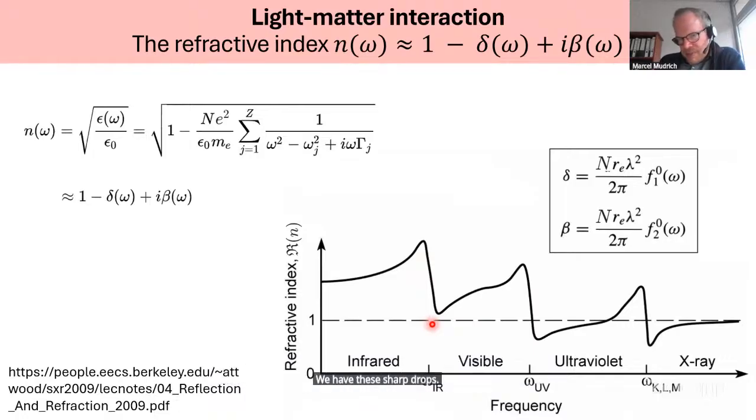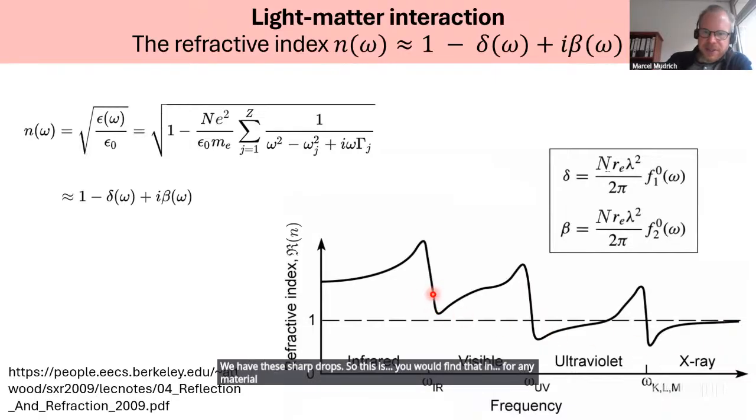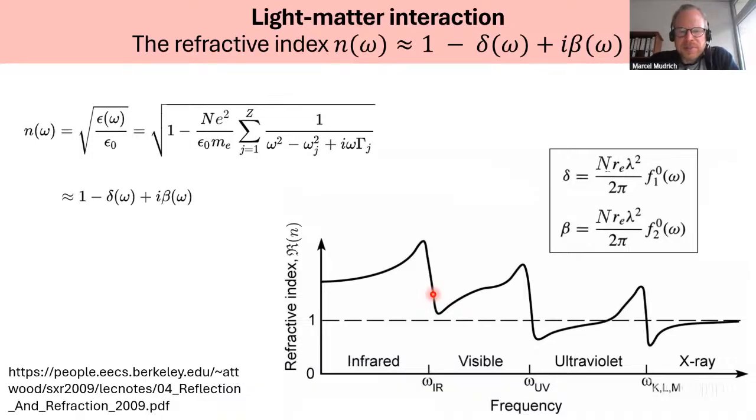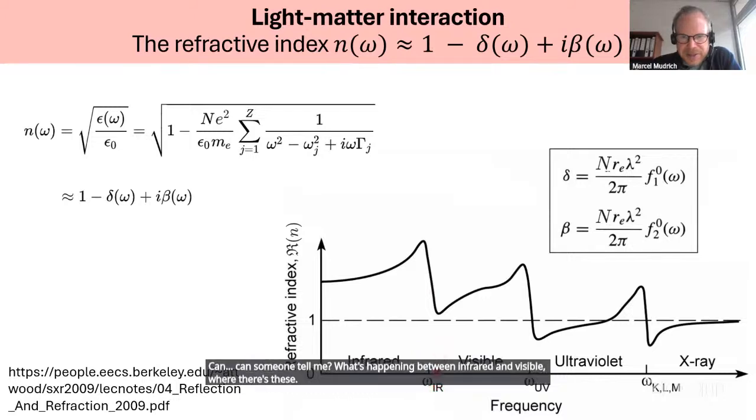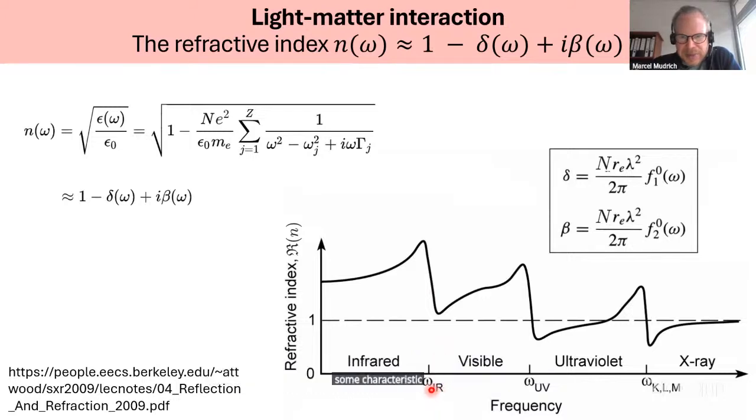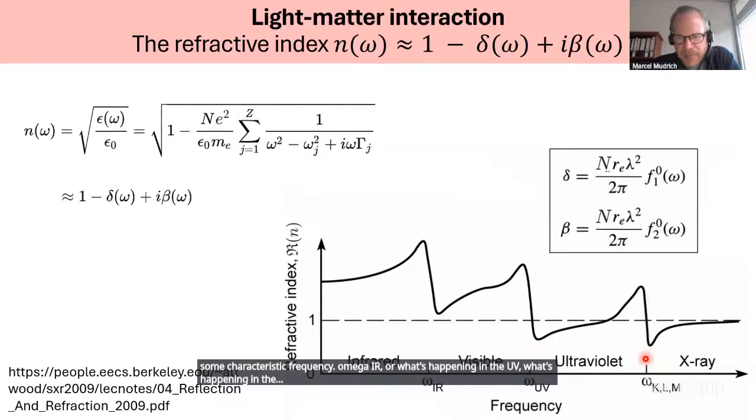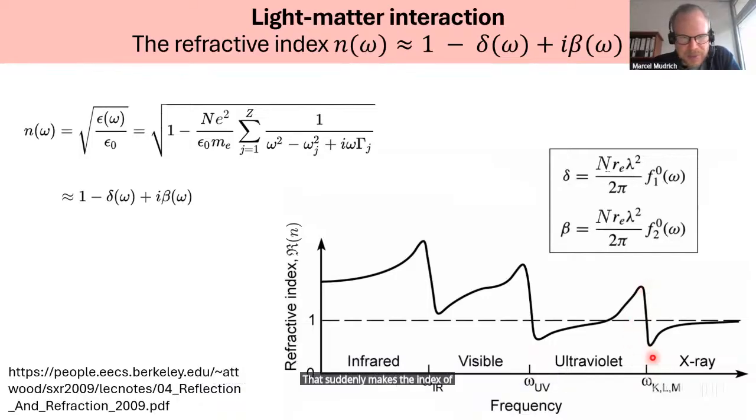You would find this for any material more or less in this way. Can someone tell me what's happening between infrared and visible, where there's some characteristic frequency omega IR, or what's happening in the UV, what's happening in the X-ray, that suddenly makes the index of refraction drop so sharply?